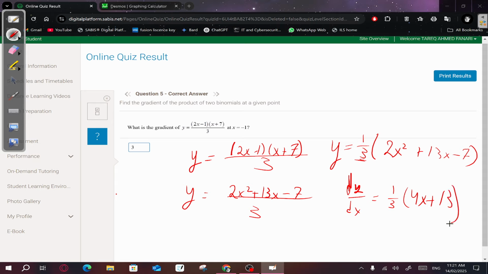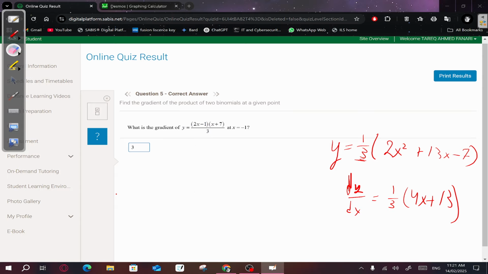This is our derivative. Now we're going to substitute x equals negative 1 into it. So dy by dx at x equals negative 1 is 1 over 3 times (4 times negative 1 plus 13).